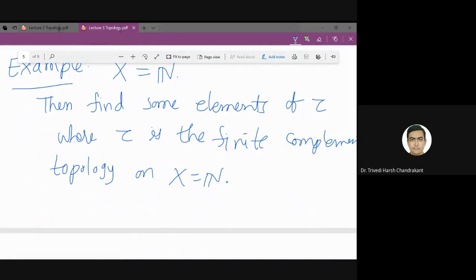That means basically we want to find some open sets with respect to the finite complement topology on the set of natural numbers.